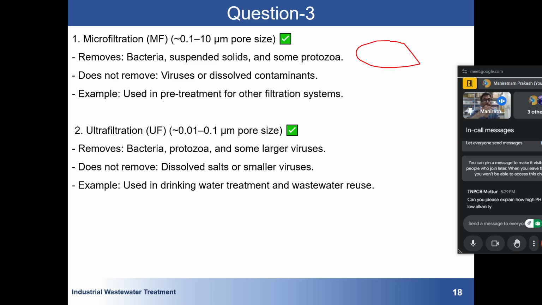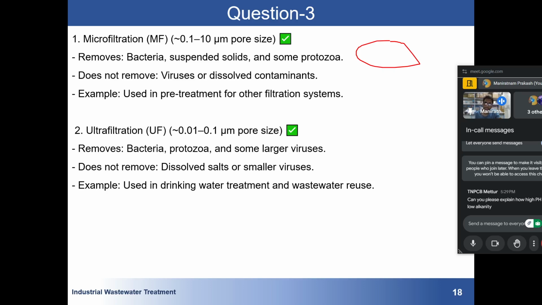This µm is also known as micron. Microfiltration is between 0.1 to 10 micron pore size, okay? And what I have shown is between 0.01 and 0.1 micron.